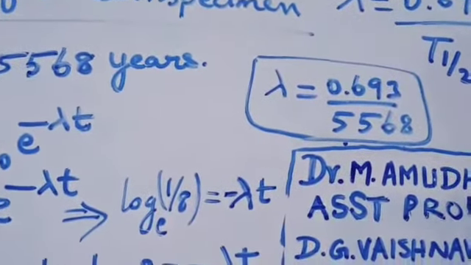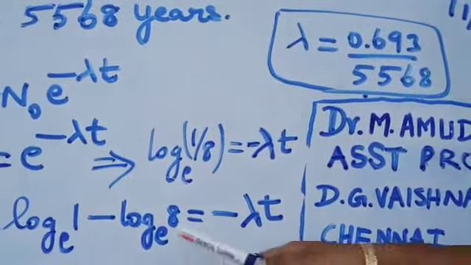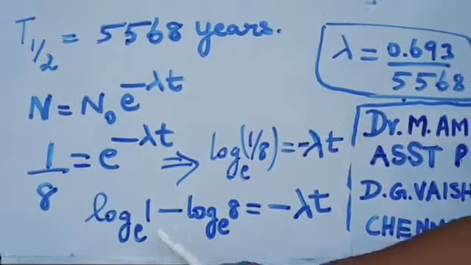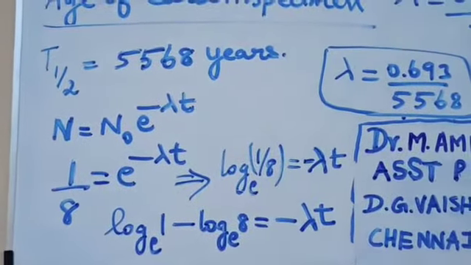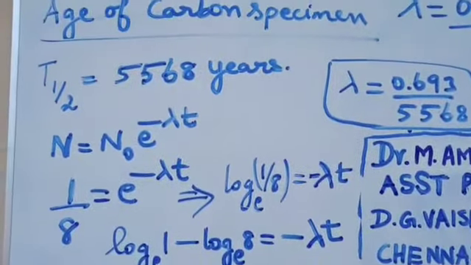Here you are seeing a negative sign. To eliminate this negative sign, rewrite this as log e 8 minus log e 1, so that the negative sign in the RHS vanishes.